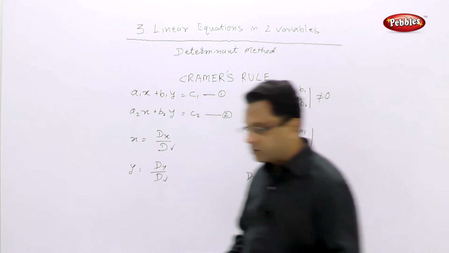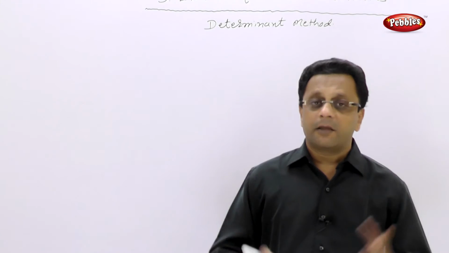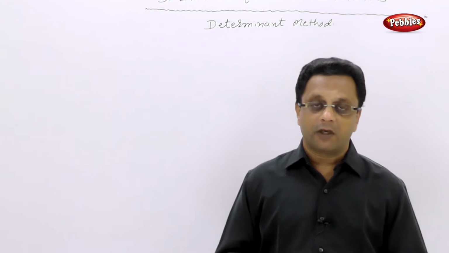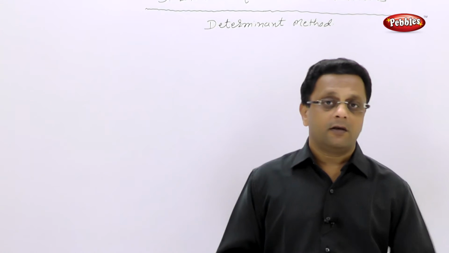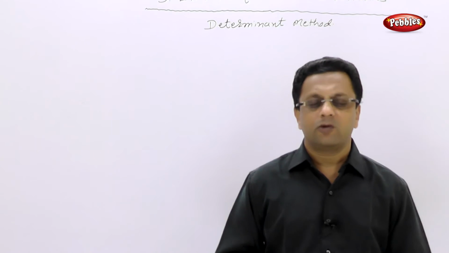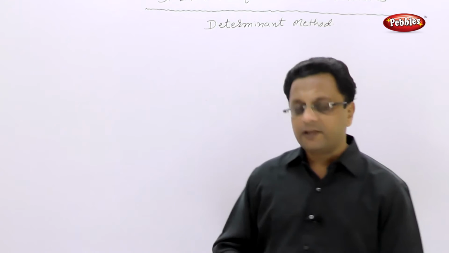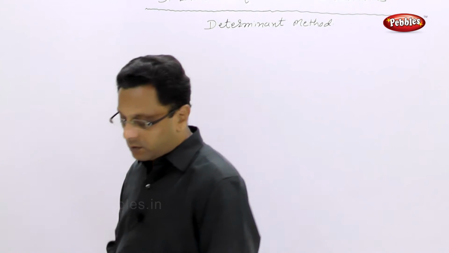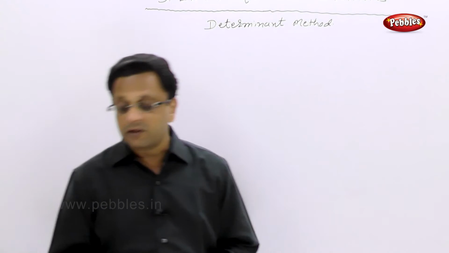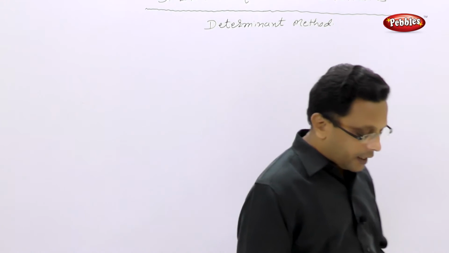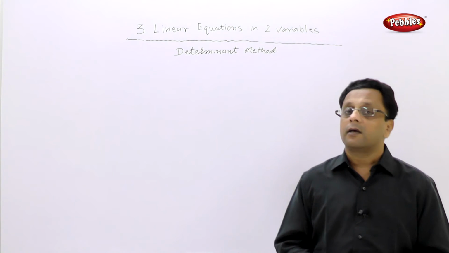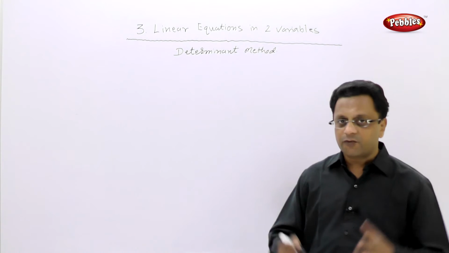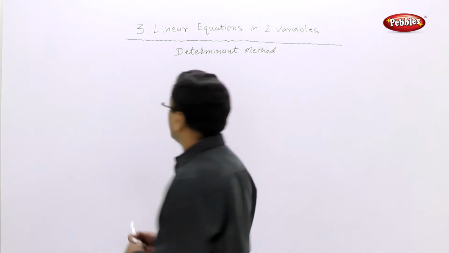Okay, let's do that. There can be two types of examples. One, they will ask you to just find the value of a determinant to check you, and next they will give the linear equations or simultaneous equations, and you will be asked to solve by Cramer's rule. So let us first see how to solve the determinant.